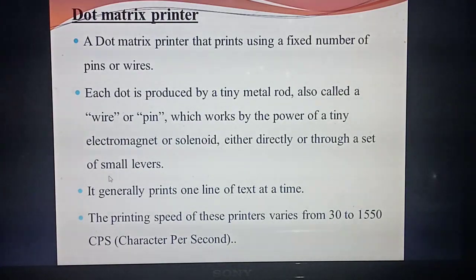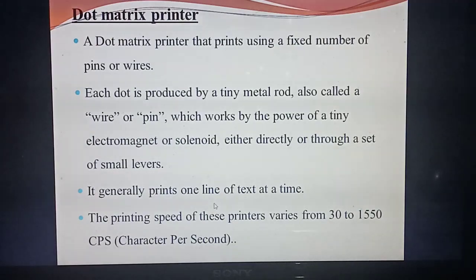Understood? Using this dot matrix printer, you can print only one line of text at a time. This is also an important 1 mark question. Using a dot matrix printer, how many lines of text can you print at a time? Only one line of text at a time.